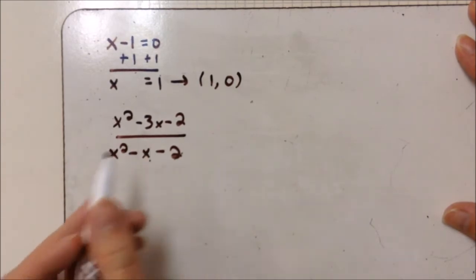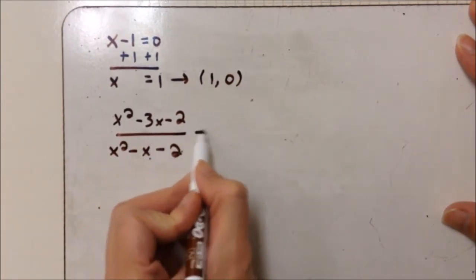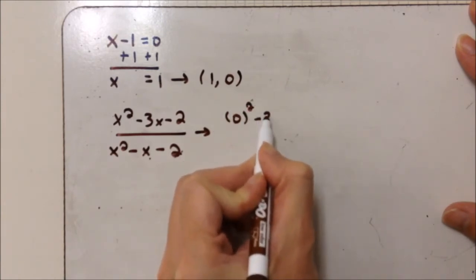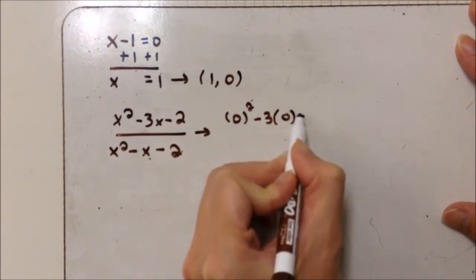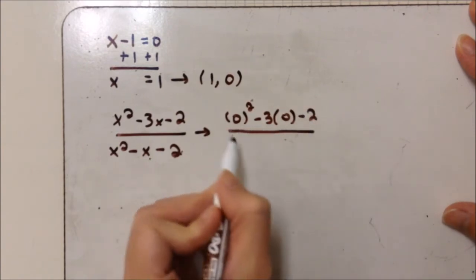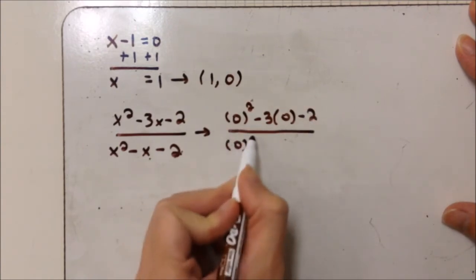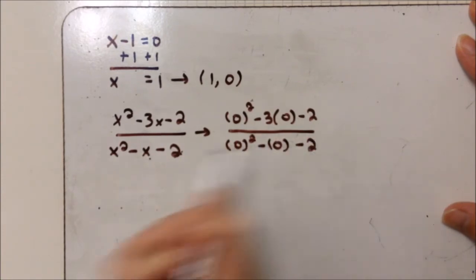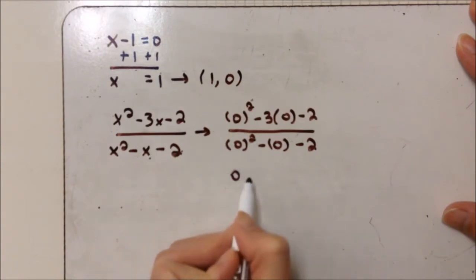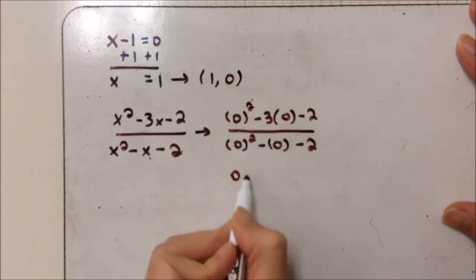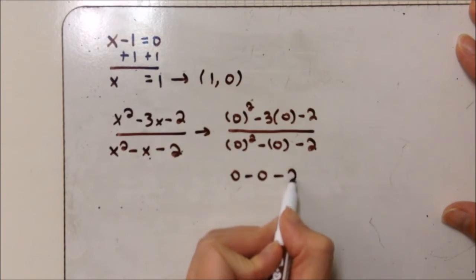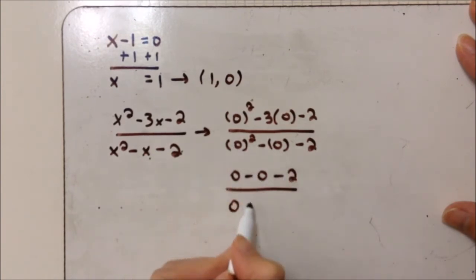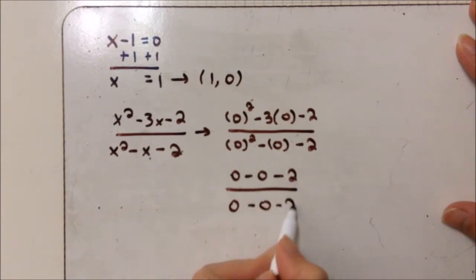So just plug in the 0. So 0 squared minus 3 times 0 minus 2. And then 0 squared again in the denominator minus 0 minus 2.